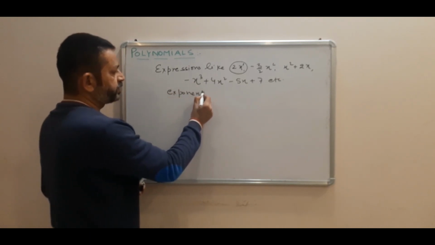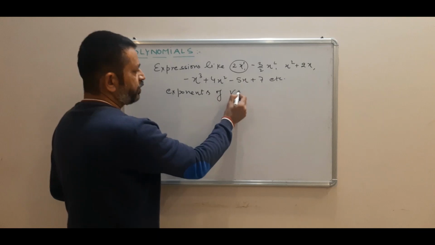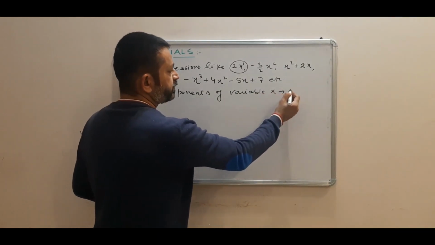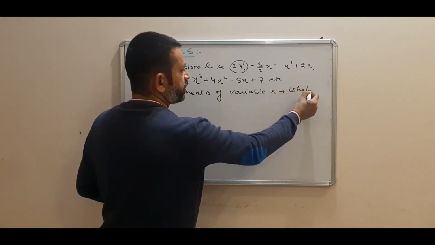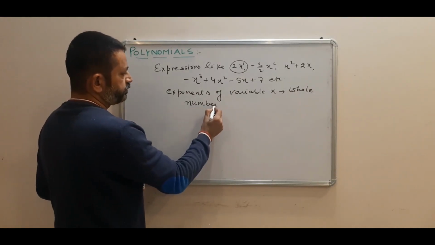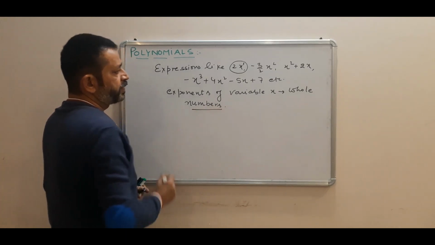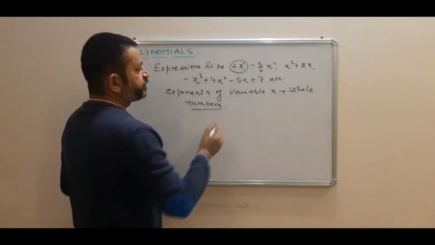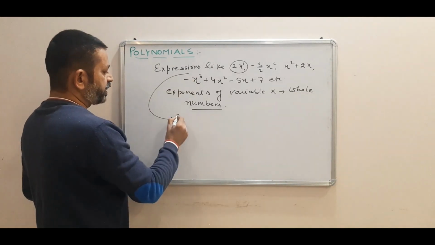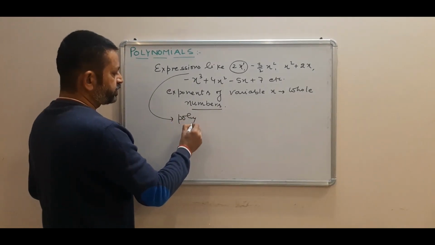Exponents of variable x are all whole numbers. So such types of expressions are called polynomials.